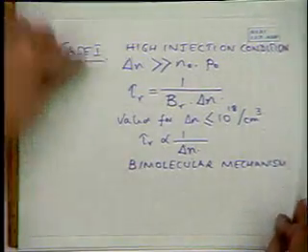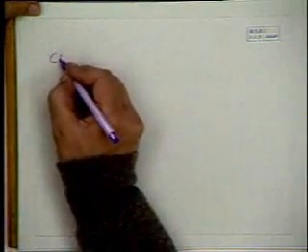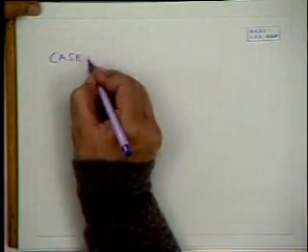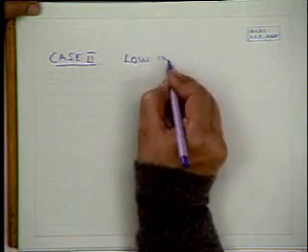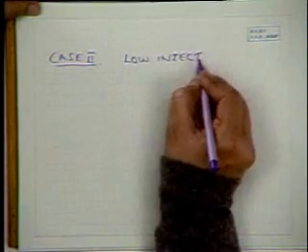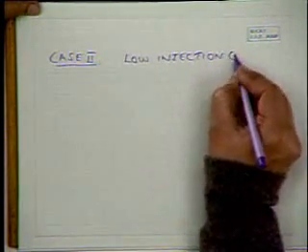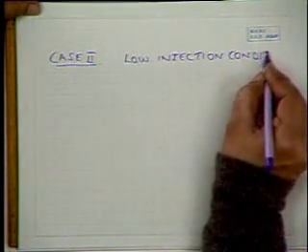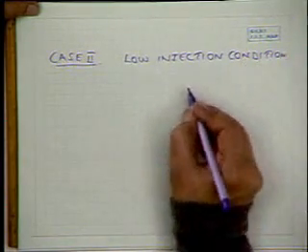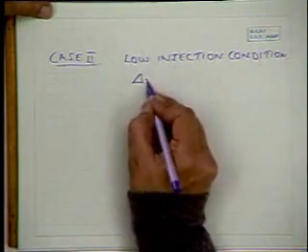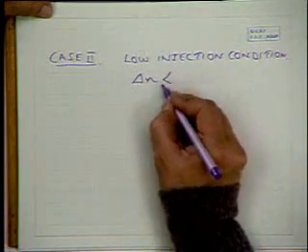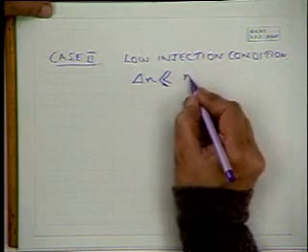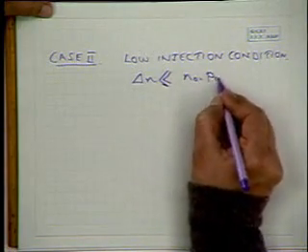We have the second case, low injection condition, for which delta N is much less than N0 plus P0. So it can be neglected.